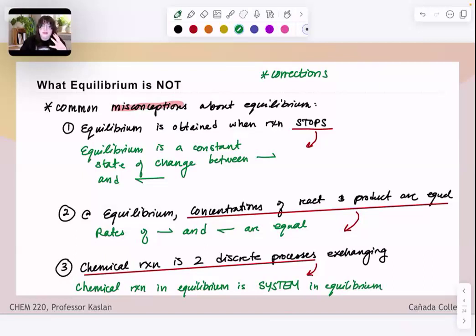So instead of splitting it into two half parts, we have to think of a chemical reaction as being a constant exchange between reactant and product. Remember, there's no staticism in a state of equilibrium. It's a constant change. So now when you're thinking about a chemical reaction, it's no longer just reactant goes to product, or even if you're thinking about equilibrium, reactant goes to product, and so too product goes to reactant. The chemical reaction itself is constantly in exchange. That's what it means to be in equilibrium.